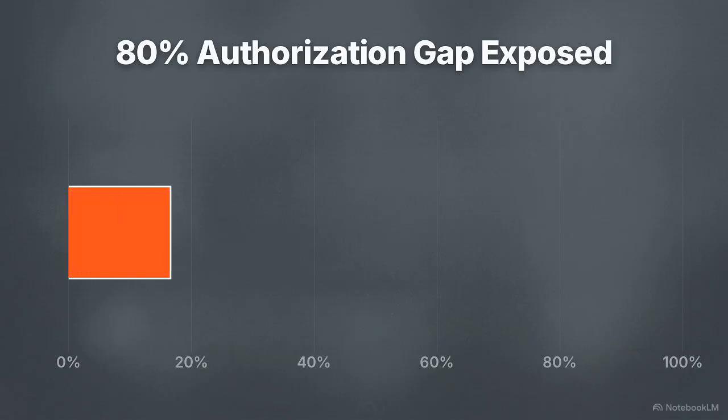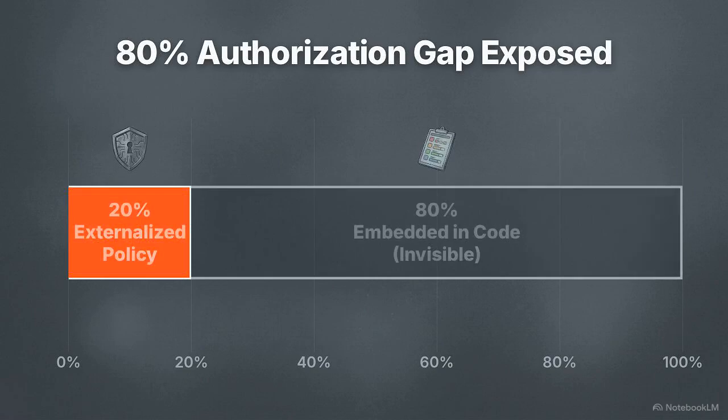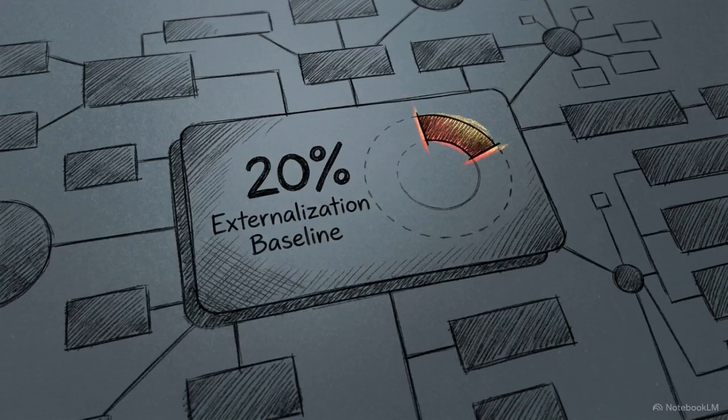This chart displays the externalization split. Only 20% of the application's enforcement points were externalized. The other 80% were embedded in code, completely invisible to central governance. Establishing this baseline is the mandatory first step for any organization attempting to bring permissions under control.